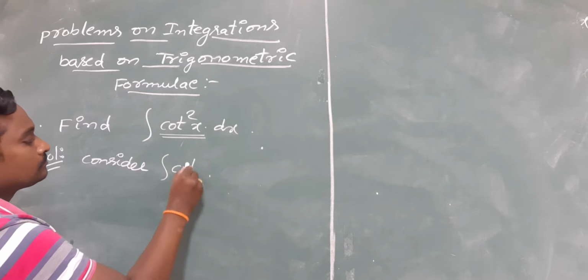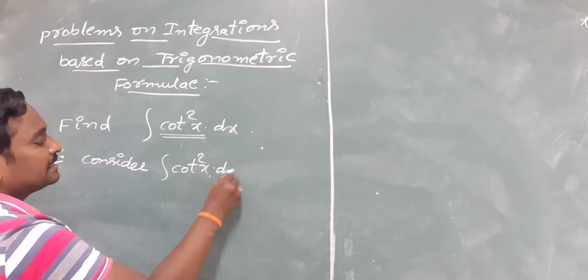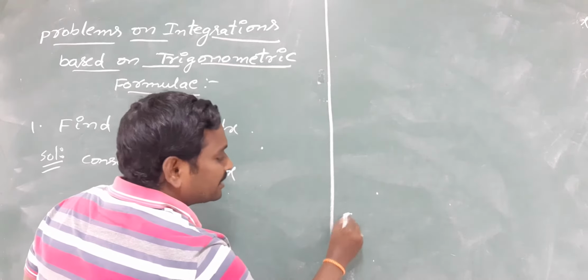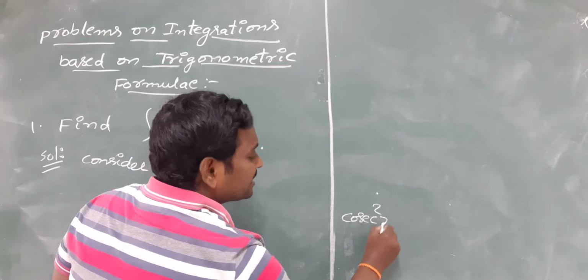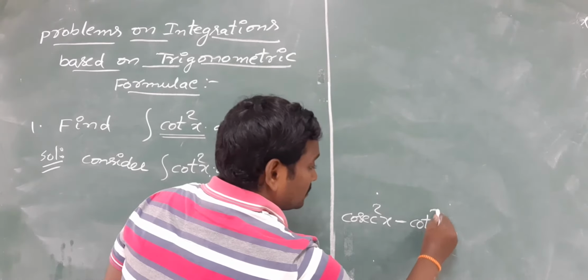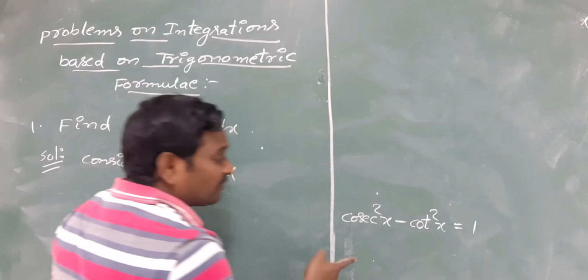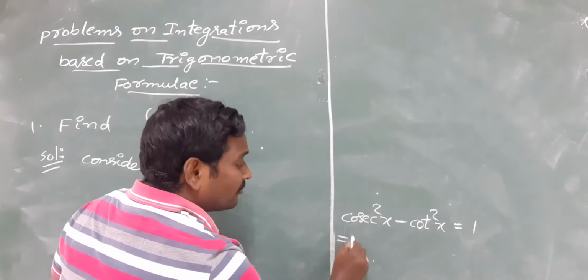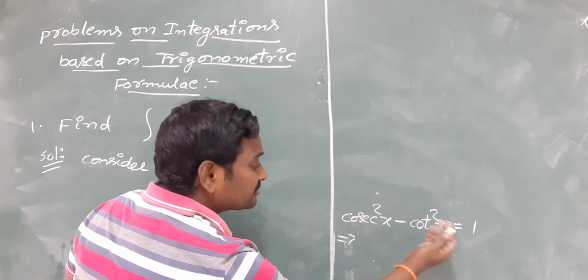Integral cot square x dx is equal to, we have an identity in trigonometry which is cosecant square x minus cot square x, equal to 1. From this, what is the value of cot square x?